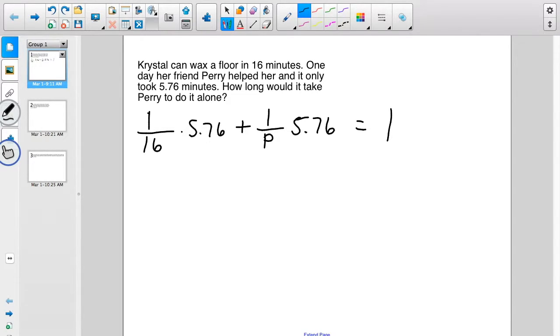And what I'm going to do is multiply both sides by 16P to get rid of the variable in the denominator and put it back into the numerator. So I'm going to go ahead and multiply both sides by 16P.